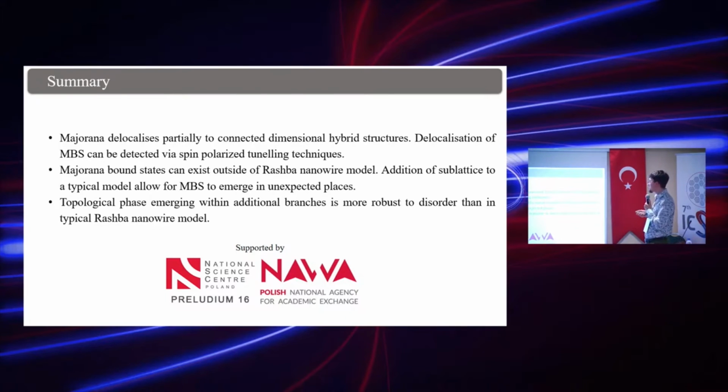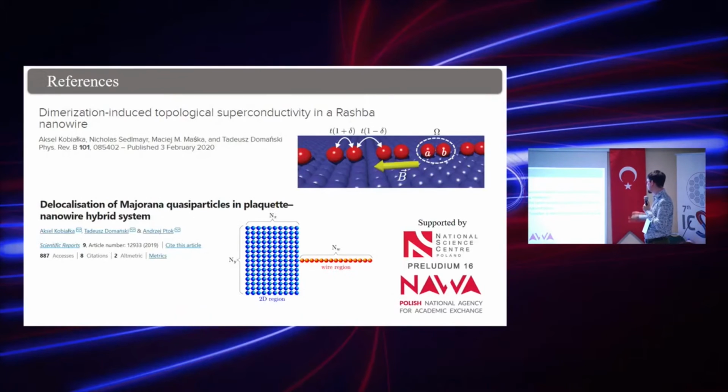And also Majorana bound states can exist outside of the Rajba nanowire model, and in our case this addition of sublattice allows for Majorana bound states to emerge at non-typical values of parameters. And also this topological phase happens to be more resistant to disorder than the usual Rajba nanowire model.